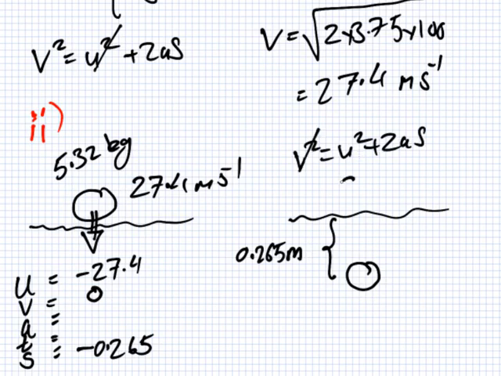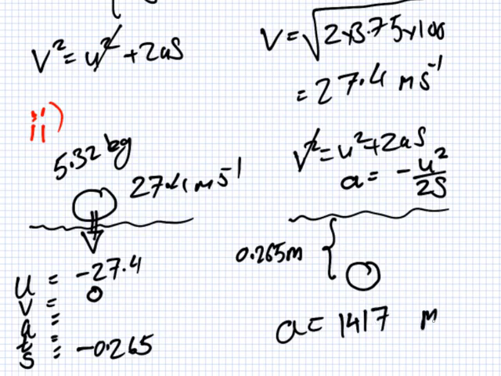So we can get A equals minus U squared over 2S. So I can get my A as minus U squared over 2S. Right, so the A is large, 1417 meters per second squared, and that's upwards.